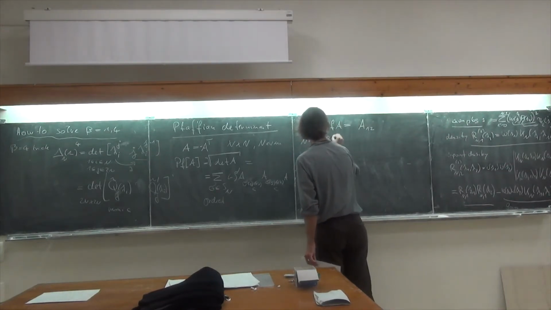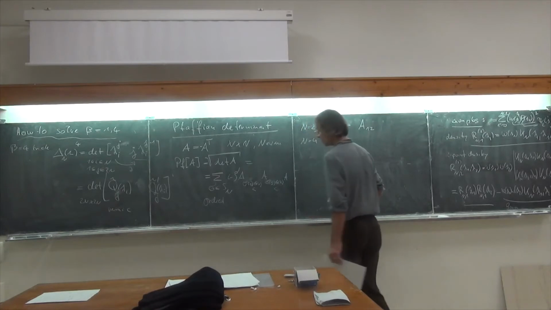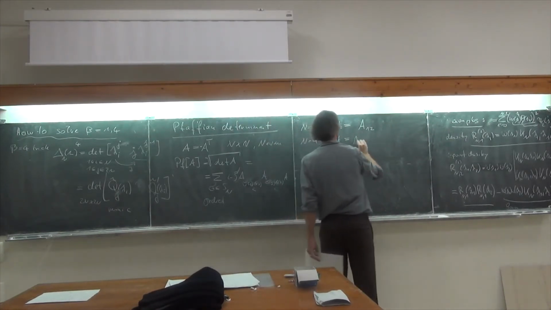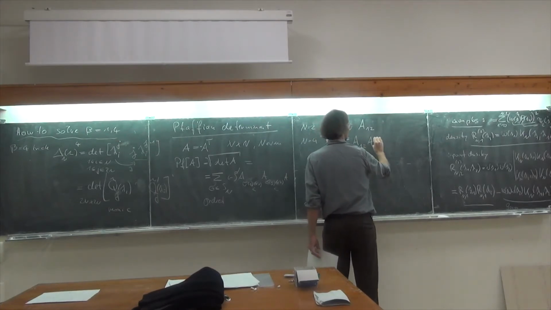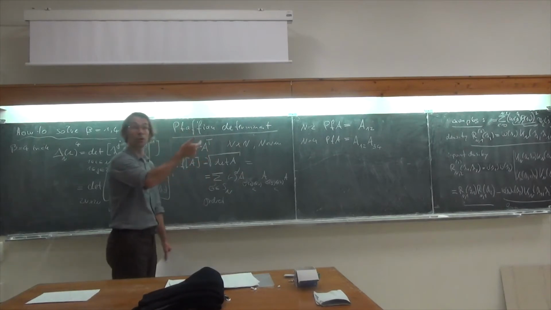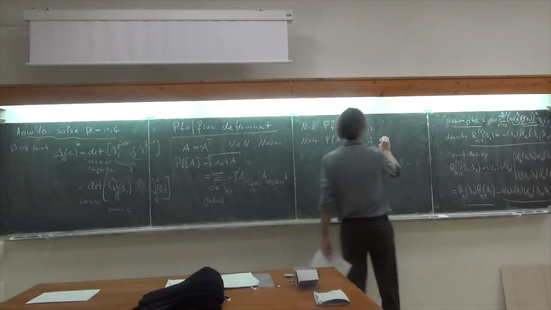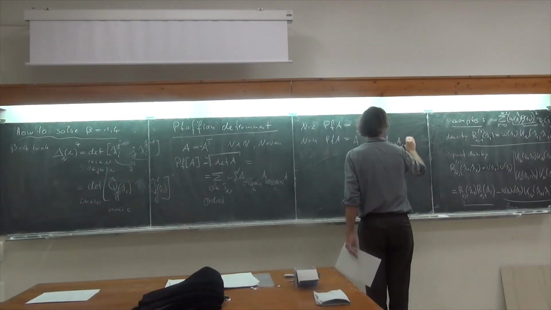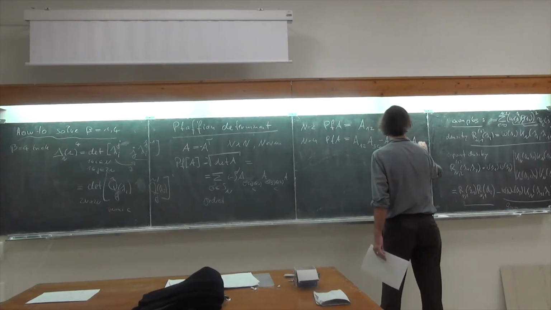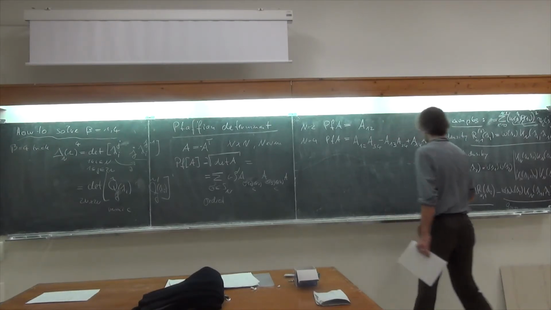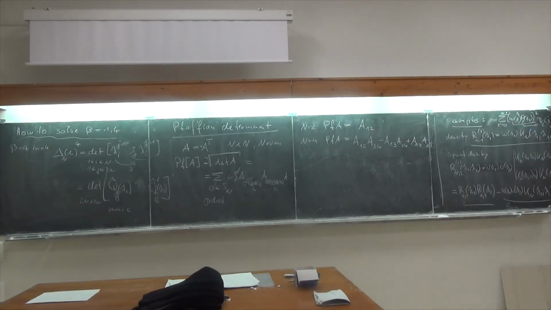For 4 by 4, the sign comes from first taking the identity, and then whenever you swap, you get a sign. So A_12 A_34 minus A_13 A_24 plus A_14 A_23. That's all, 3 terms.